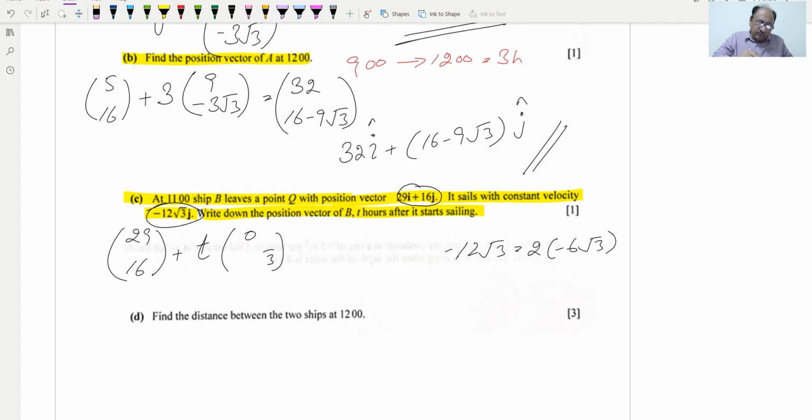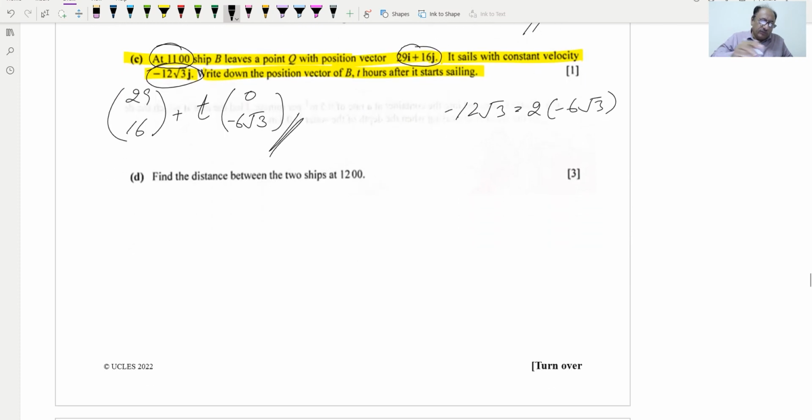So here it will be minus 6 root 3, because it will be after 2 hours. So the time is 2 hours, so we have to multiply this with 2. So we have divided this by 2, and we got this one, which is the inner portion, and we have written this. So this will be our final answer.